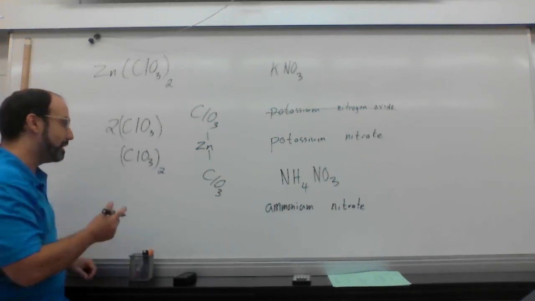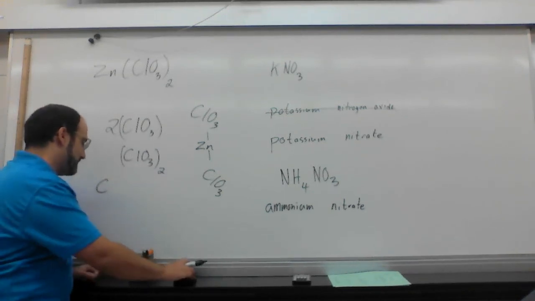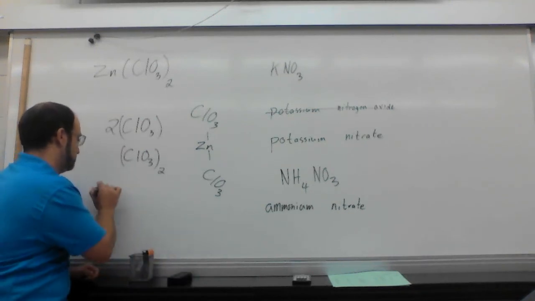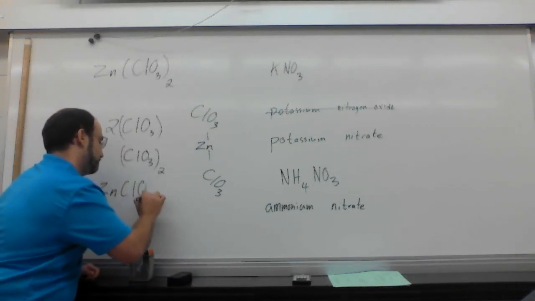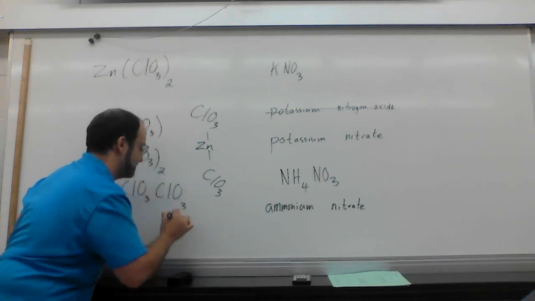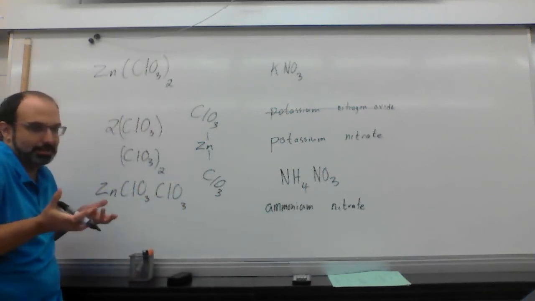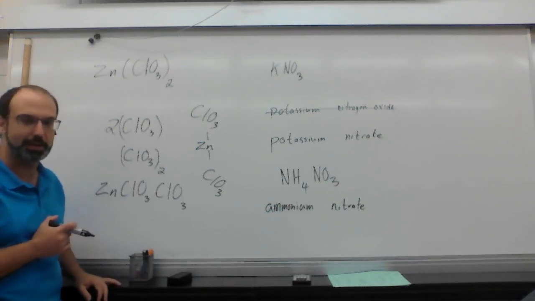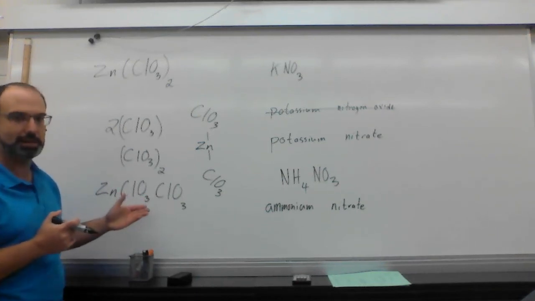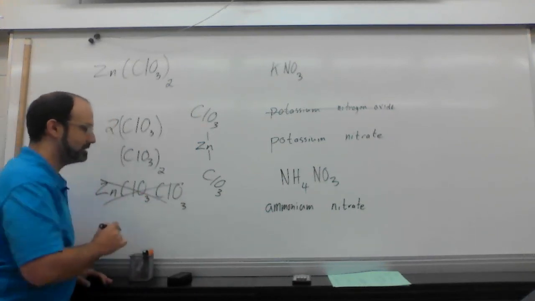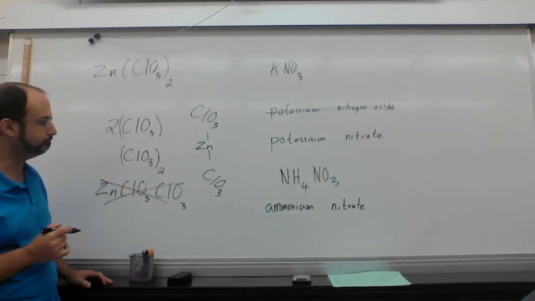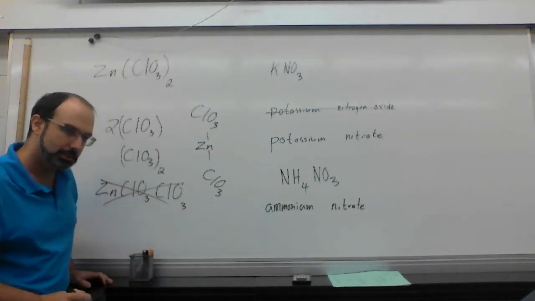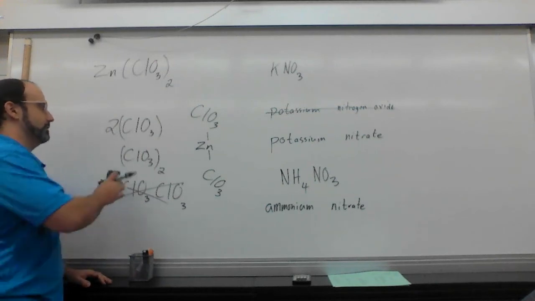I mean, yes, maybe writing ZnClO3ClO3 is correct. It's accurate, but it's messy and it's hard to understand. So we don't do that. But it gives the same piece of information. So anyway, that's what the 2 means as a reminder.